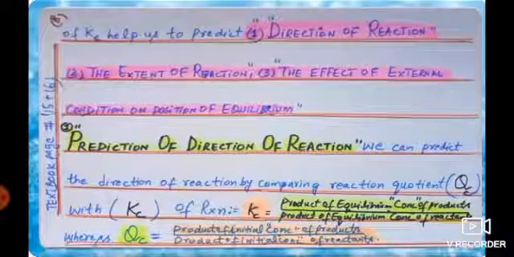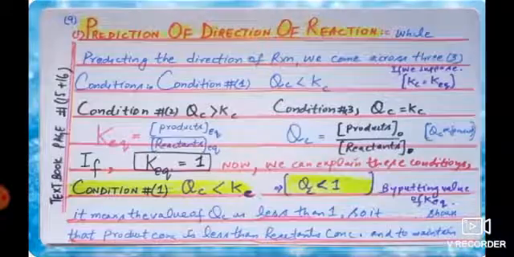So Kc is the ratio between the equilibrium concentration of products and reactants, while Qc is the ratio of the product of initial concentration of products to the product of initial concentration of reactants. It means Qc is the ratio between the initial concentration of the products to reactants, while Kc is the ratio between the equilibrium concentration of products to the reactants.